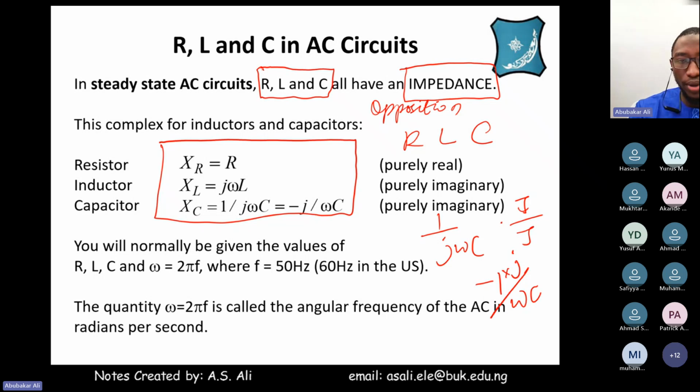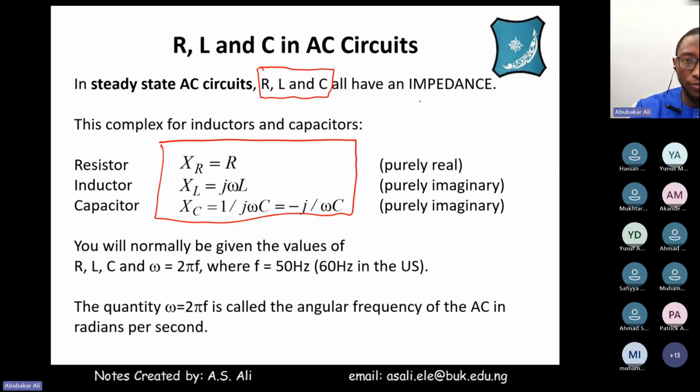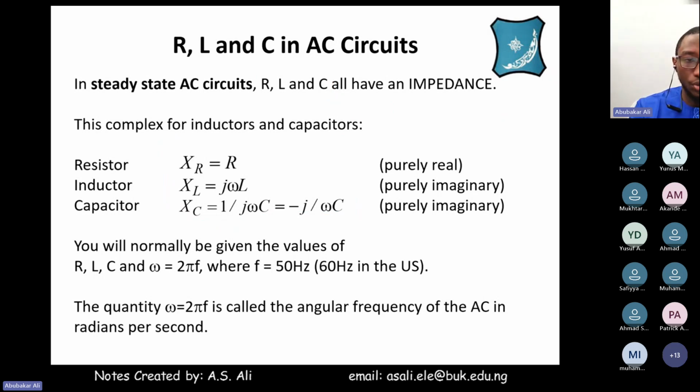Whenever we are going to do analysis of an AC circuit, if I give you a value of a resistor, you can plug it in, no issues. But if you are given values of a capacitor or inductor, then you should know that you need to get its impedance, and the impedance is going to be in complex form.